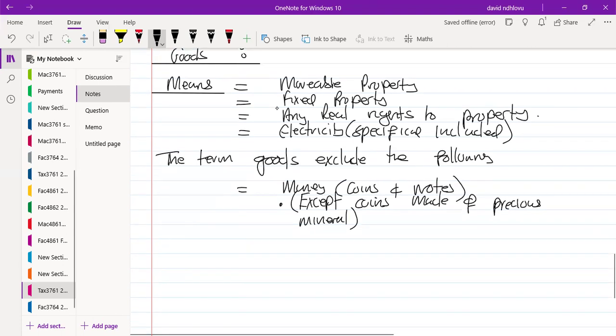However, if you are in possession of gold coins, silver coins, krugerrands, those kind of coins made of precious minerals, they will be included under the movable property there. So you must be very clear. Normal money is not goods, but the supply of coins made of precious minerals qualifies to be goods. Then we have mortgage.